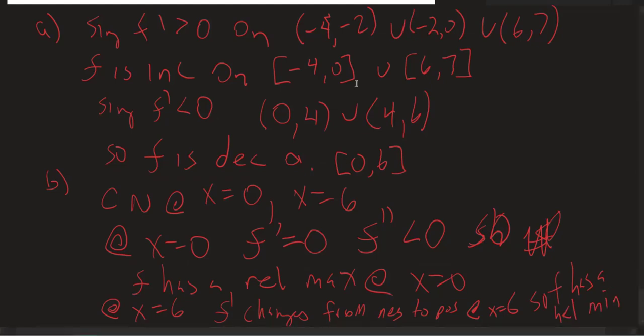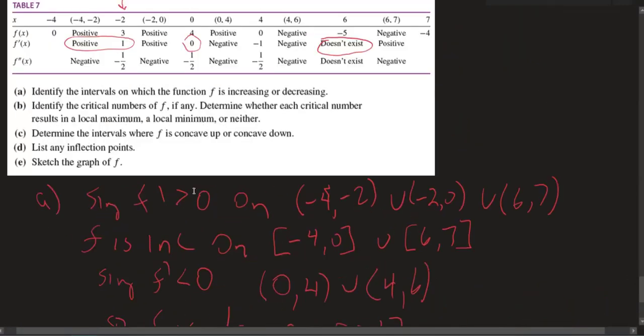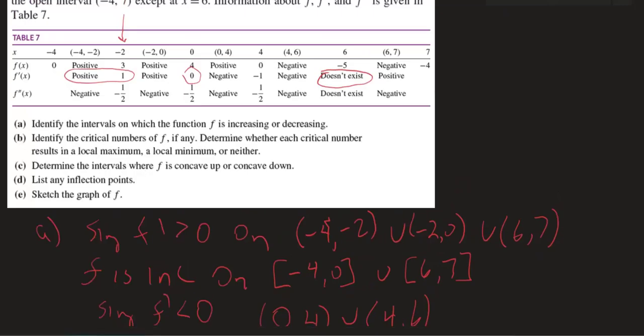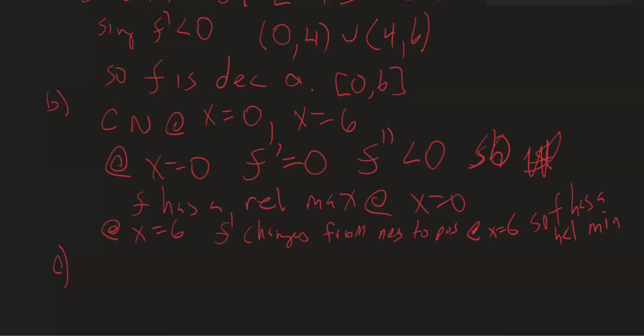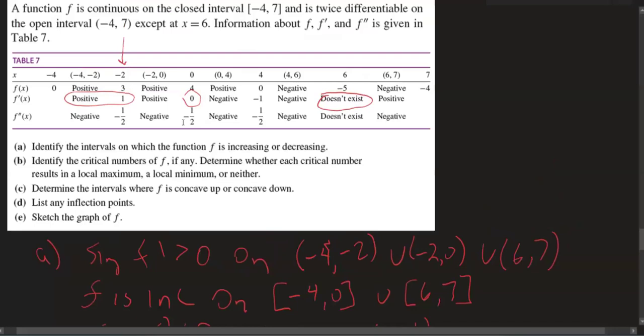All right, and then we're going to go on to answer the next question. Determine the intervals where f is concave up or concave down. For concavity, we're going to look at the second derivative. If we notice, the second derivative is always negative.